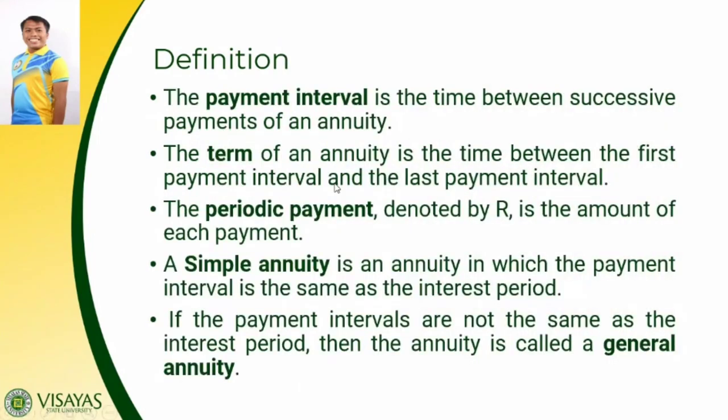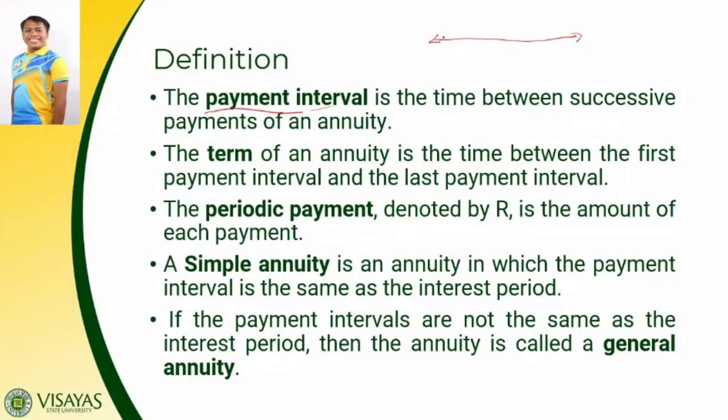Starting with, we have here a definition of payment interval. What is meant by payment interval? This is the time between successive payments of an annuity. So if you're going to make a number line, pasensya naman ako, the line is not straight.